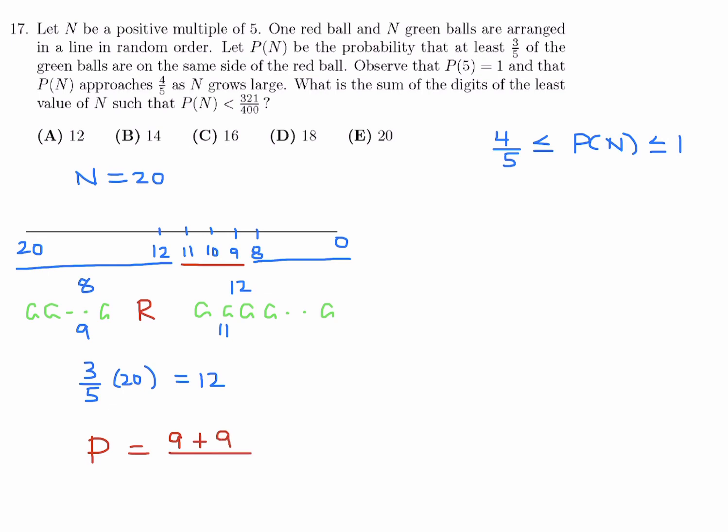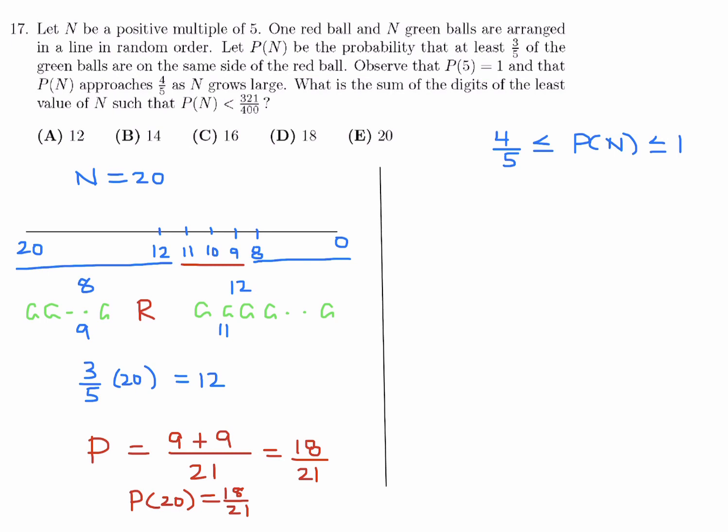The total number of possibilities is from 0 to 20, which is 21. So 18 over 21 is the probability that, if n is 20, we have at least 3/5 of the green balls on the same side. In our notation, p at 20 is 18 over 21. That's just an example to illustrate how this question works.